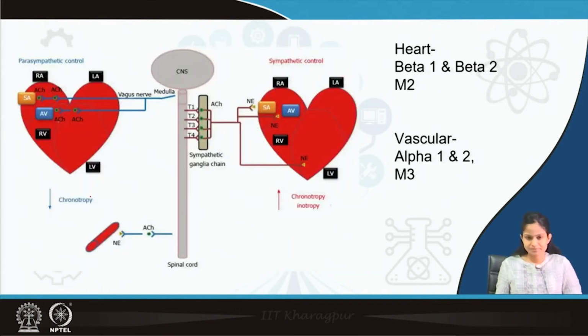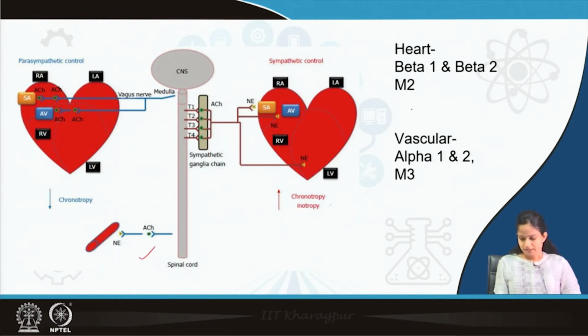The vagal fibers terminate in the SA node and the AV node. They usually modulate the sinoatrial node and the atrioventricular node, and the sympathetic fibers innervate the myocardial fibers as well as the blood vessels.